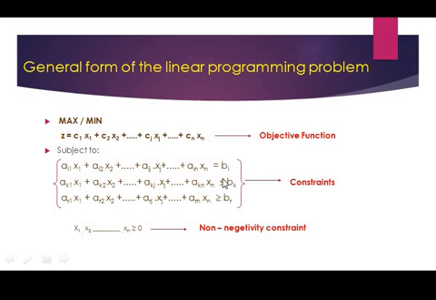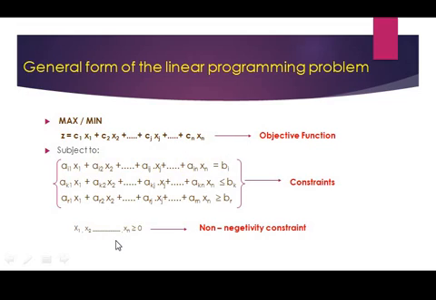If it does not contain equal to, if it contains less than or equal to or greater than or equal to, then I call it inequalities, right? These constraints, which are either equations or inequalities, will be written next. So my basic idea is to satisfy all the constraints and in turn maximize or minimize the objective function.